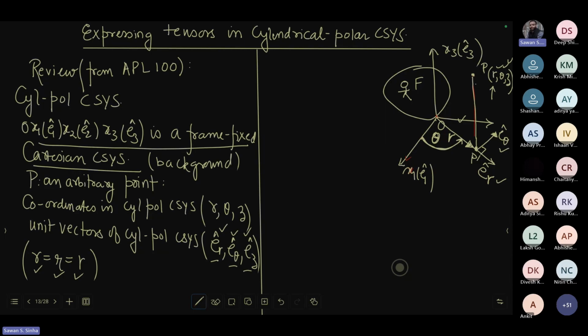What is z? z is this distance, right? And what is ez? ez is a unit vector which is the same as the unit vector e3 of the background Cartesian coordinate system. Right. So ez is the same as e3.